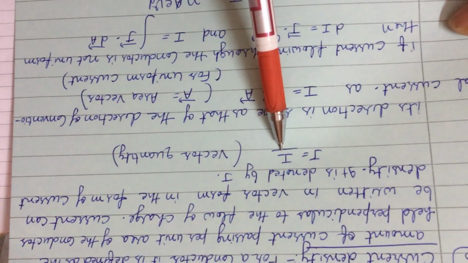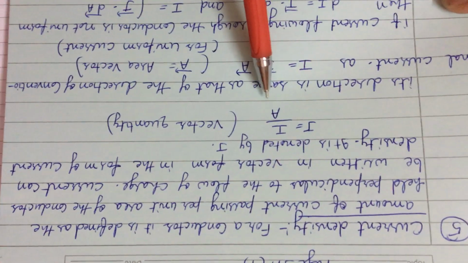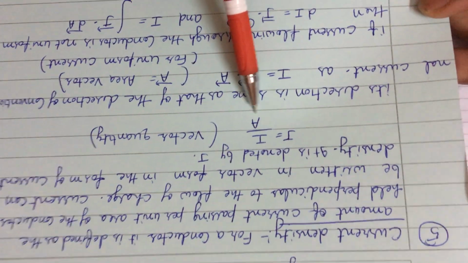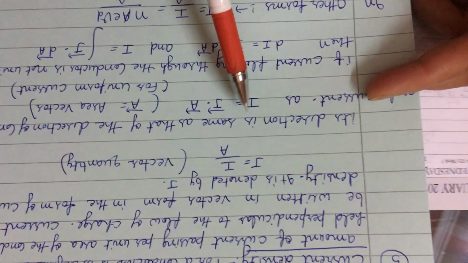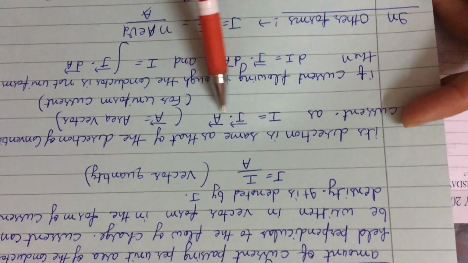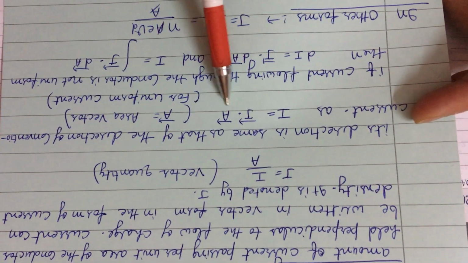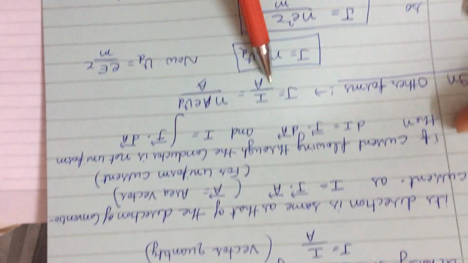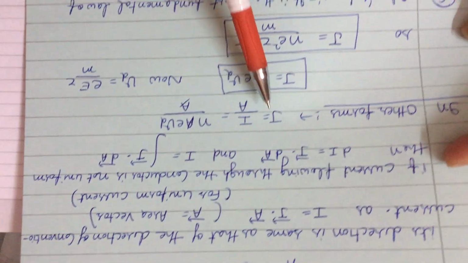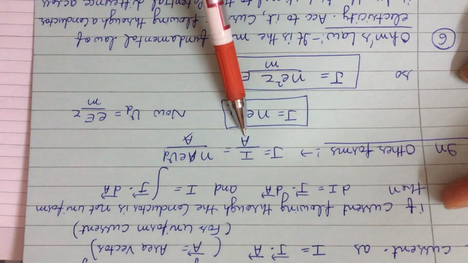Now current is a scalar, this is a vector, and we consider the area vector, which you studied in Gauss theorem in flux. So how do you say? You say that current is the dot product of current density and area vector. These are the other forms. You must remember these forms. Current density is current upon area.